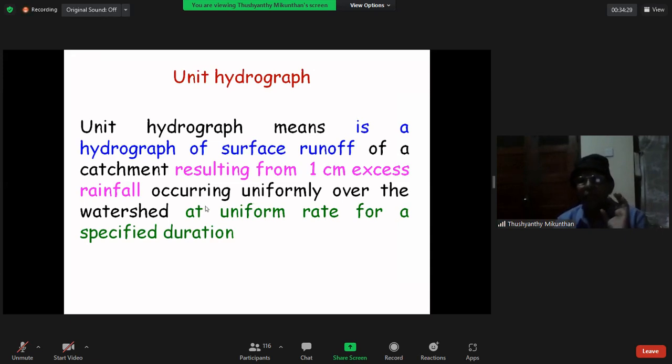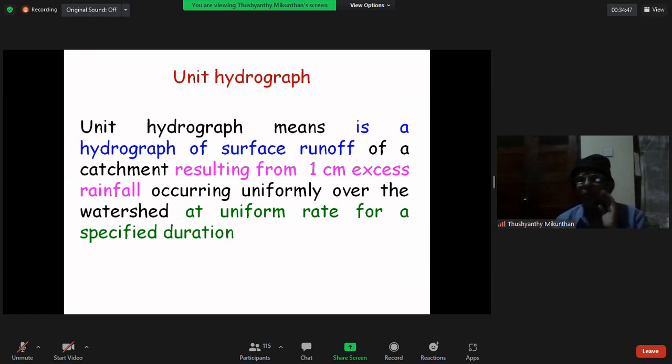At a uniform rate. In the next slide I will explain the assumptions we take to derive the unit hydrograph. Here it occurs uniformly over the watershed.